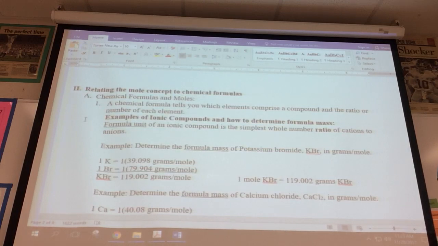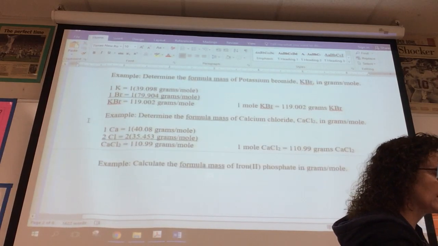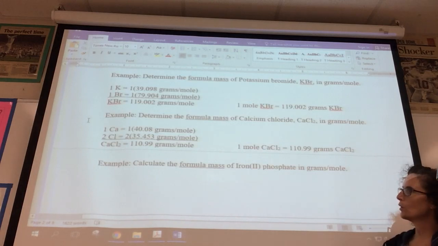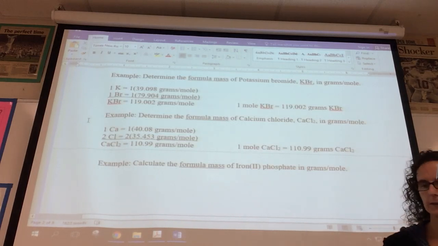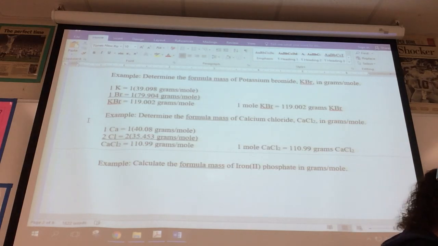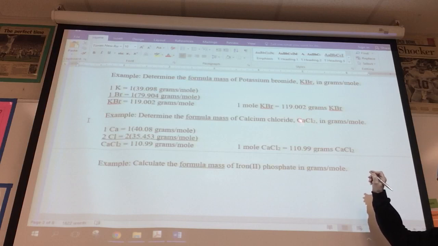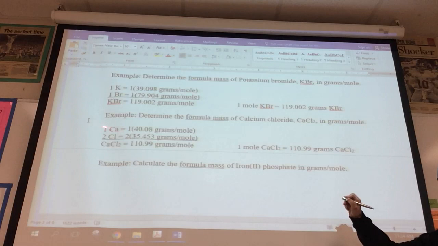Very straightforward. Similarly, if we wanted to determine the formula mass of calcium chloride, the only thing more difficult about this one compared to the other one is that you want to make sure that you count the ions correctly. So in calcium chloride, shown here, you've got 1 calcium and 2 chlorine. So 1 calcium, 2 chlorine, hence the 1 and the 2.